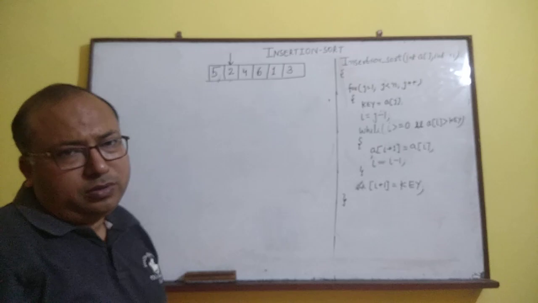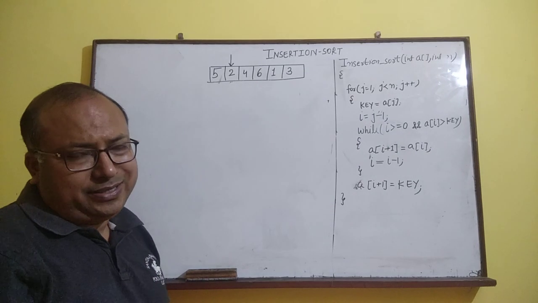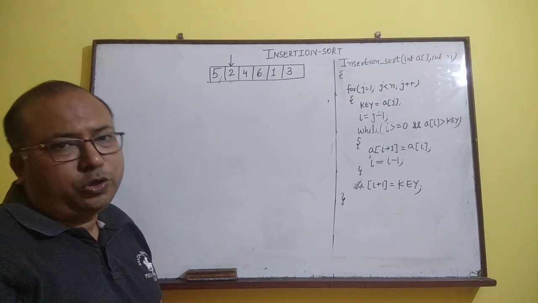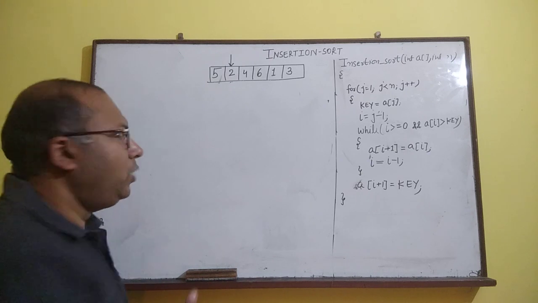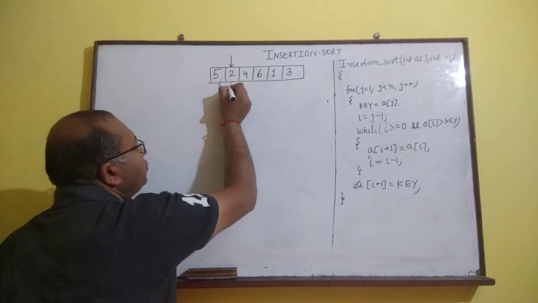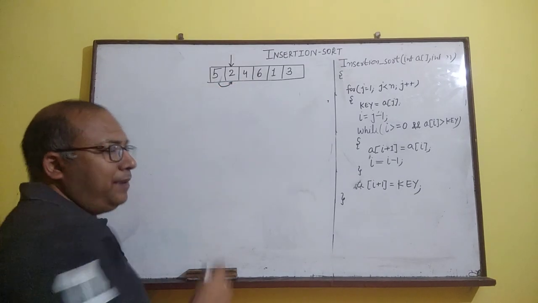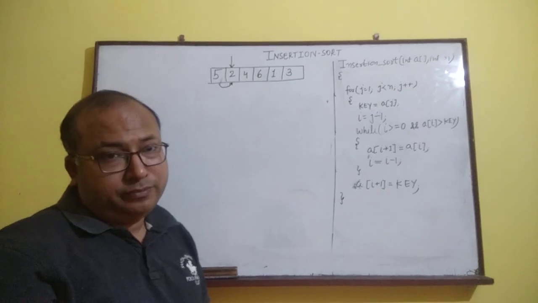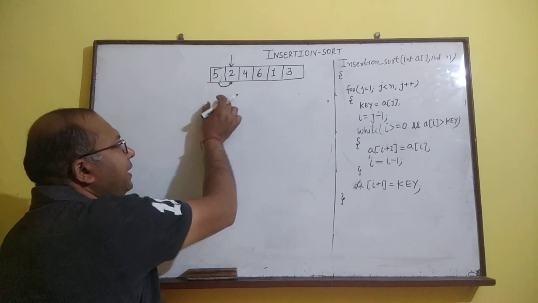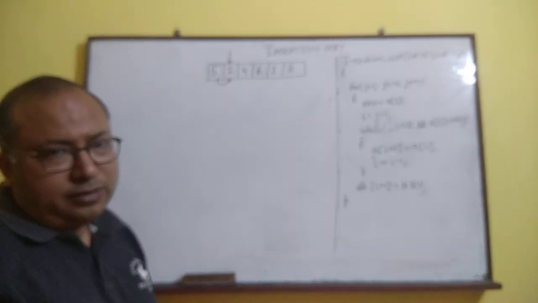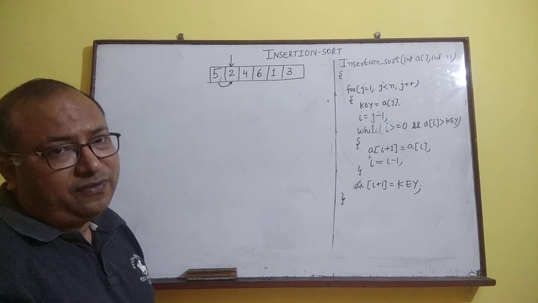As we know, if we are storing our data in ascending order, 2 should come before 5. So I need to shift this 5 to the place where the 2 is. When the 5 shifts to the place where the 2 is, we have an empty space at the position where the 5 was.